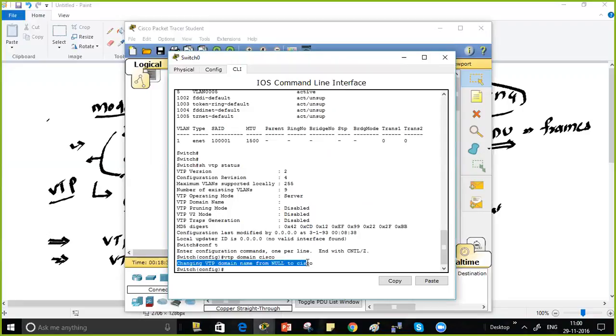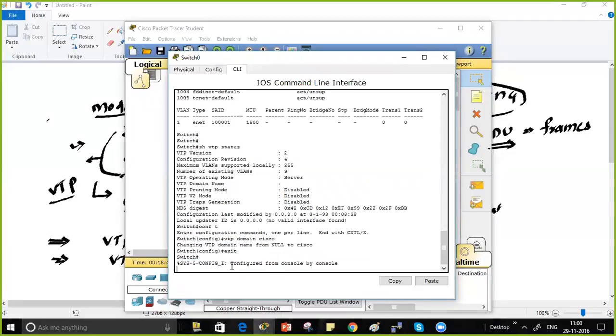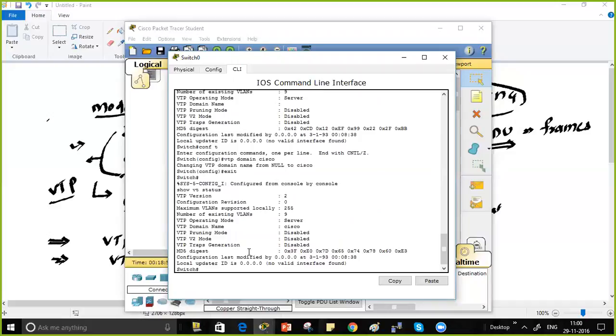By default it is a null domain name. Now see the status. If you want to check VTP, then give show VTP status. Now the domain name is changed to Cisco, right?